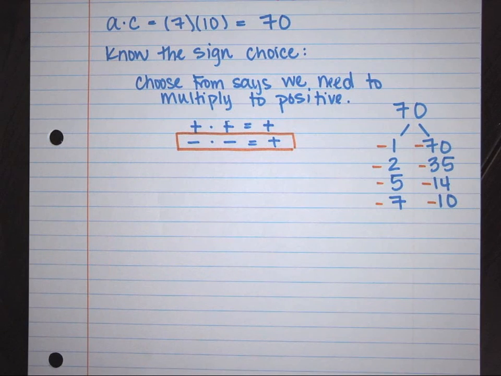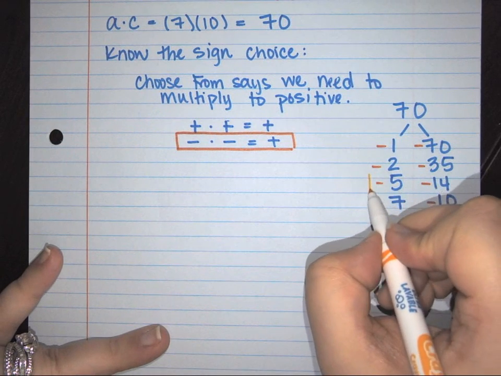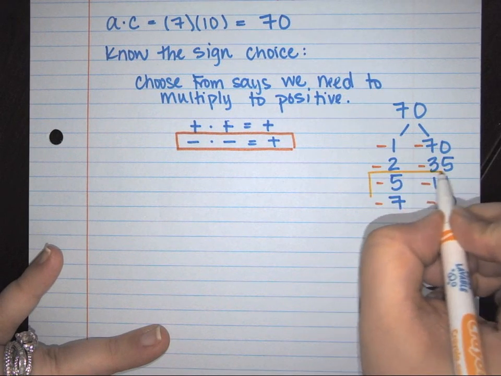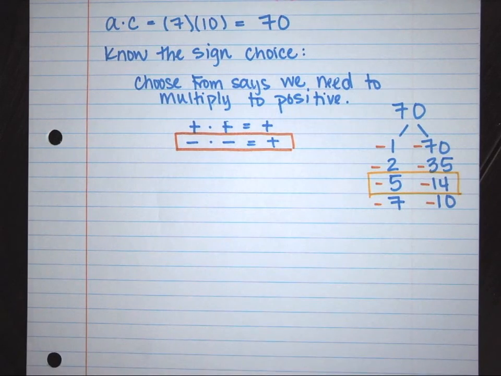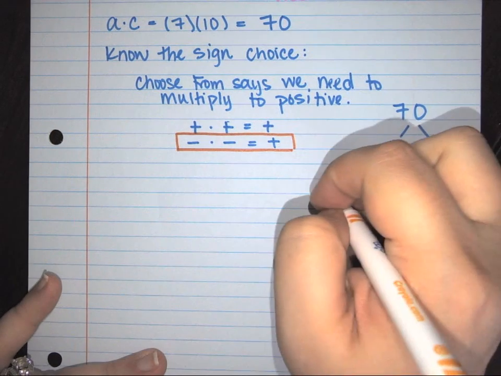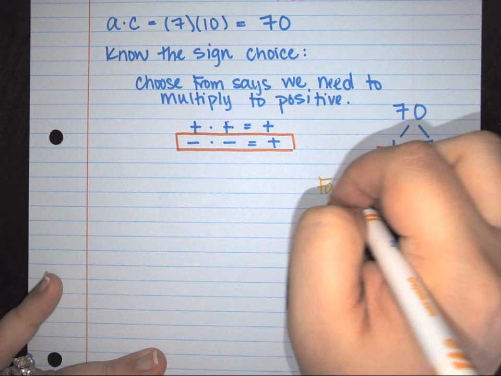Then I'm looking for which combination, when added together, is going to give me a negative 19. The only combination that does that is 5 and 14. So those are the factors that we have to choose.